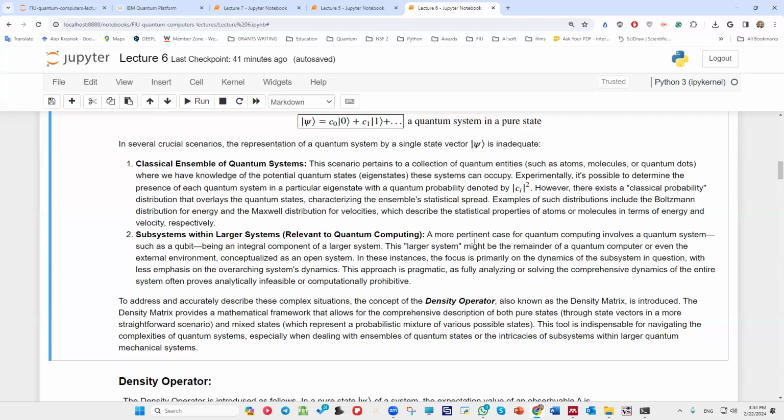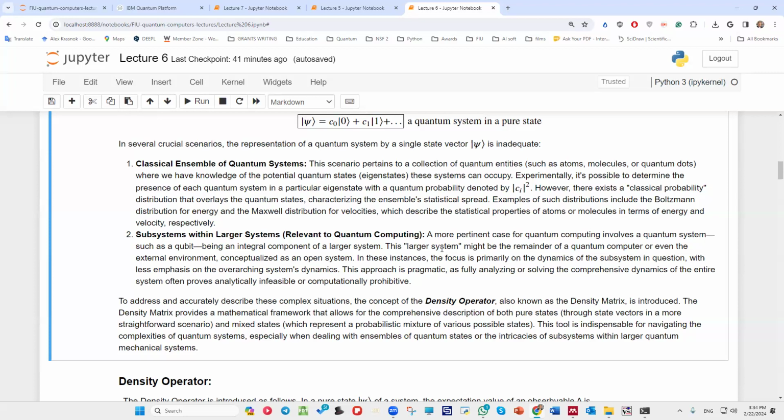Because when we focus on the description of the quantum computer itself, we omit the details of its interaction with the rest of the world.